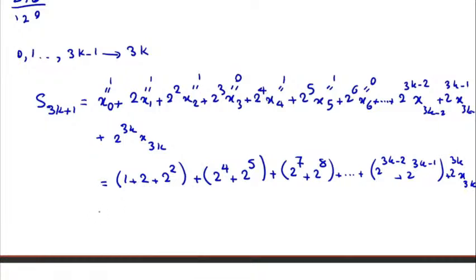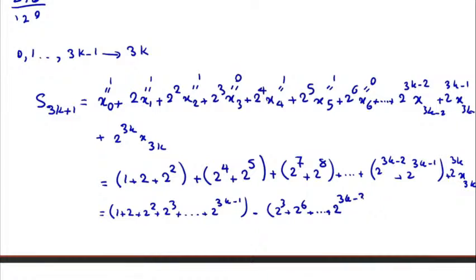Now, if we calculate from this part to this part, I can say it will be 1 plus 2 squared plus 2 cubed up to 2^{3k-1}, and then subtract 2 cubed plus 2^6 plus up to 2^{3k-3}, plus 2^{3k} x_{3k}.